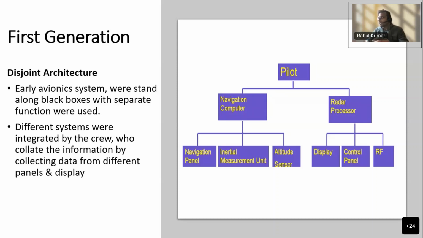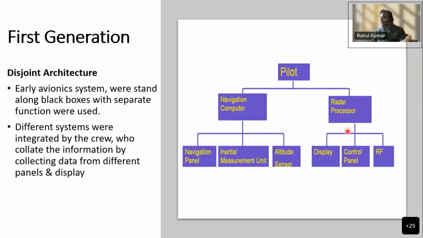The pilot has to look at different panels and displays to collect all the data and manually process the information. For example, in this figure, the pilot will have to combine the navigation data and the data received from the radar to decide the best path suitable for the flight.